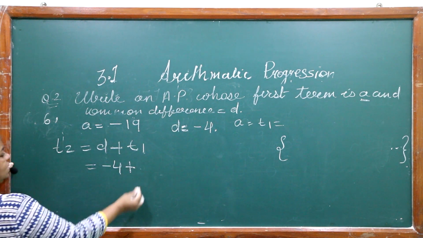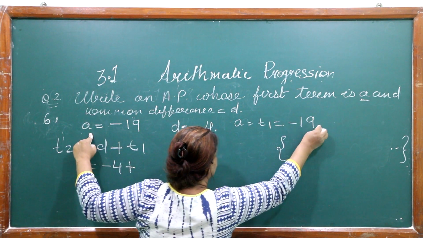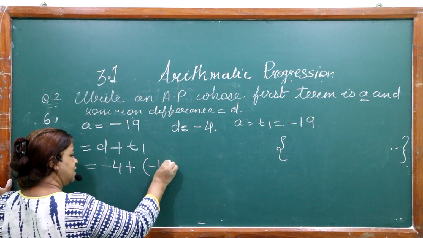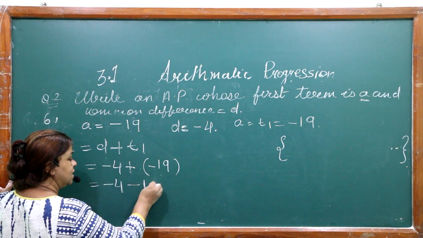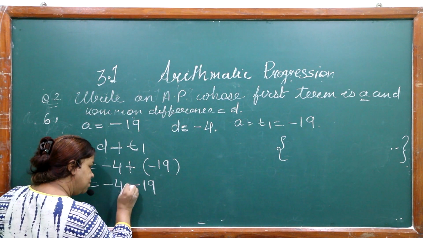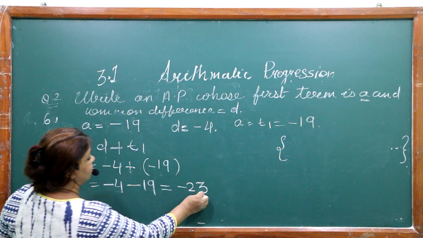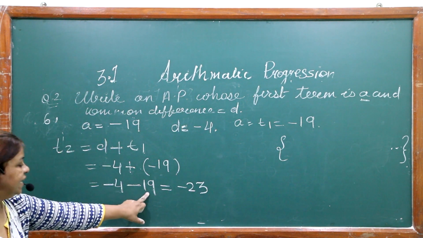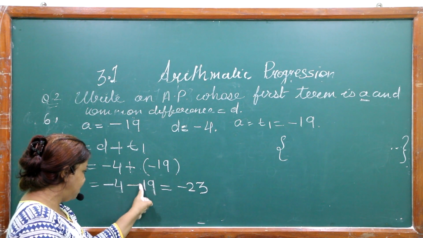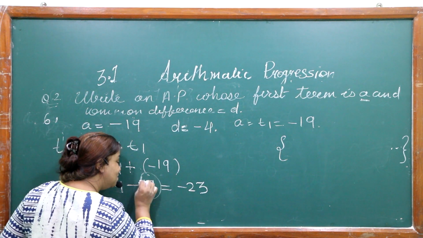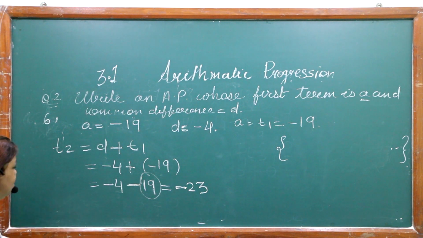Minus 4 plus term 1, which is nothing but A, minus 19. Minus 4, open the bracket, plus minus will become minus 19. Now both the terms have minus signs, therefore they will be added. It will be minus 23. 4 and 19 will be added because both signs are the same, and the sign of the greater number is minus, and therefore the sign will be minus. So your term 2 is minus 23.